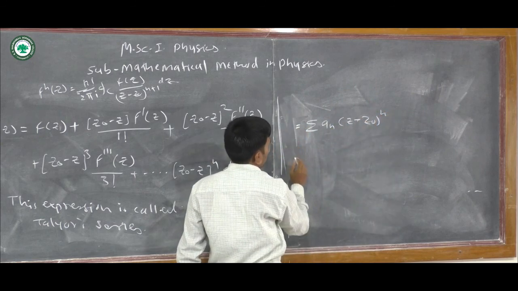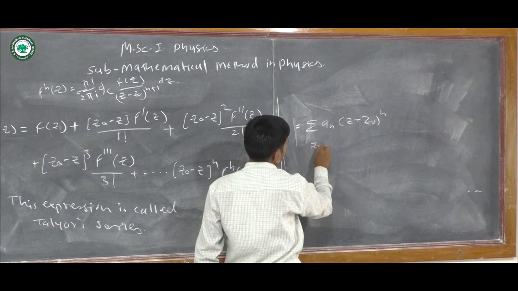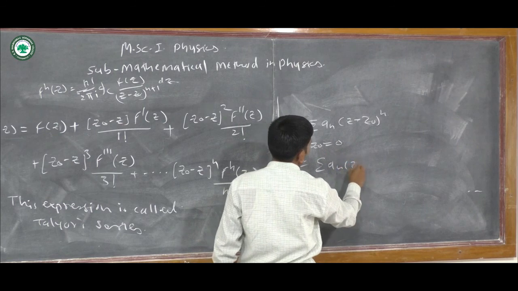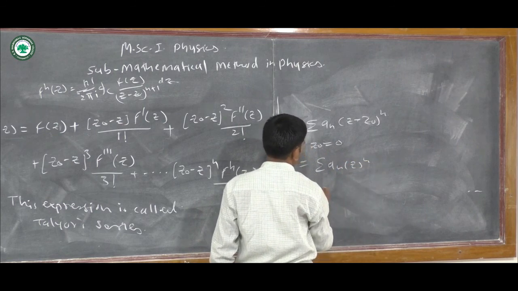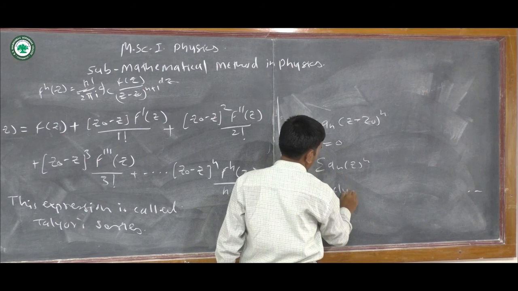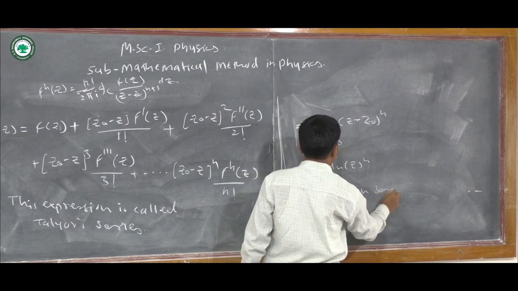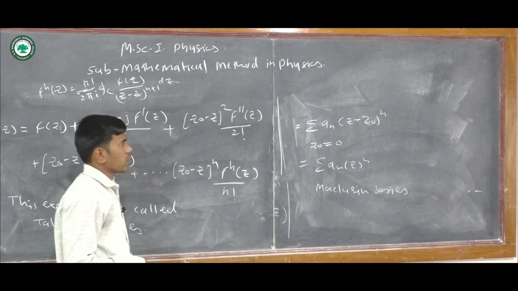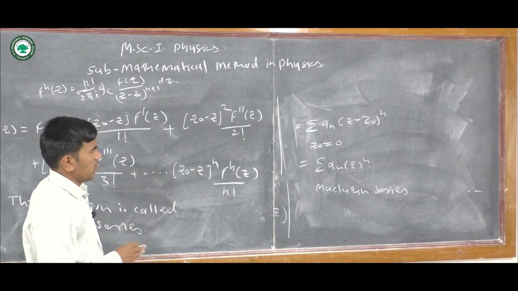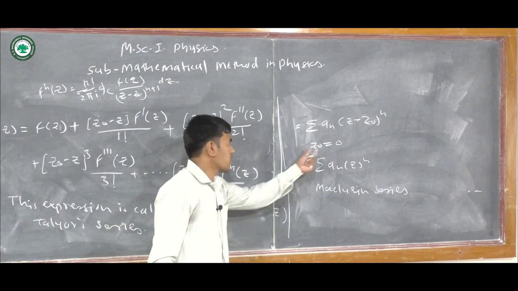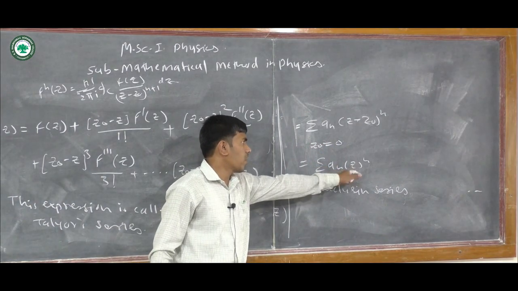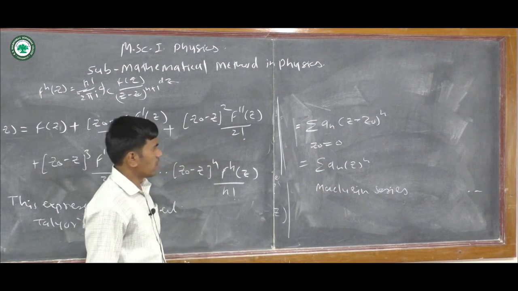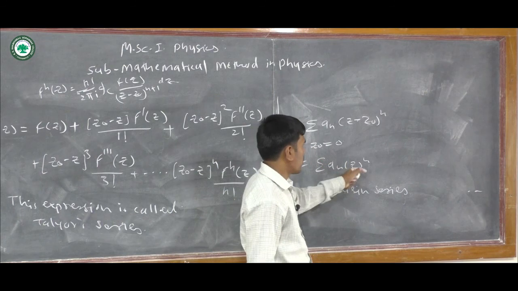If this z0 is equal to 0, then the summation of a n z power n is called the Maclaurin series. So the center is equal to 0, and this series is called the Maclaurin series, a series in z power n.